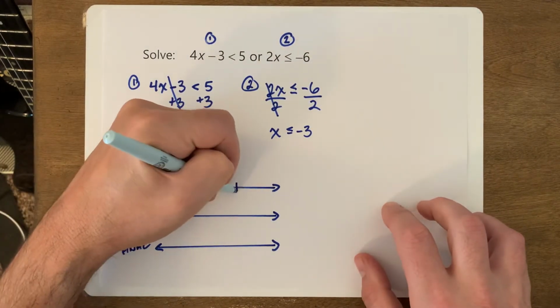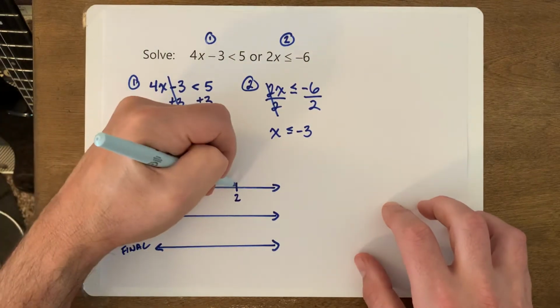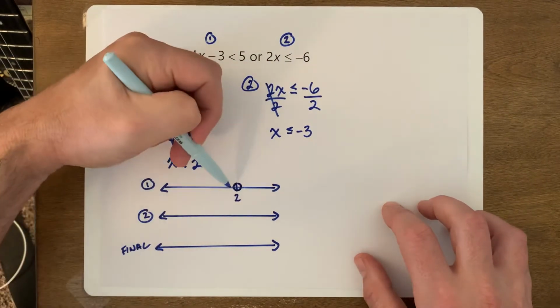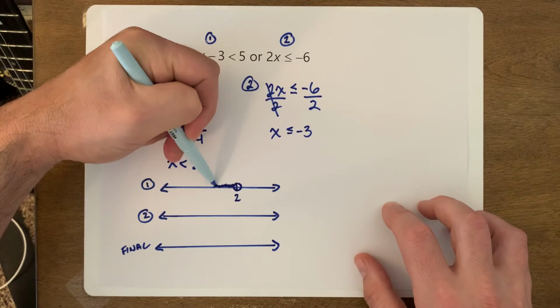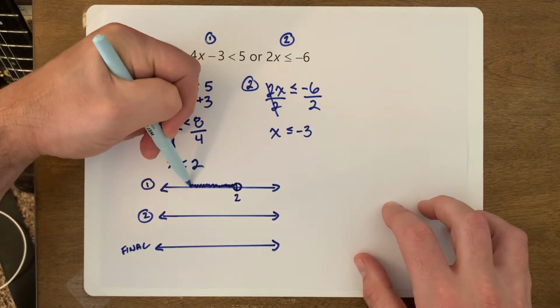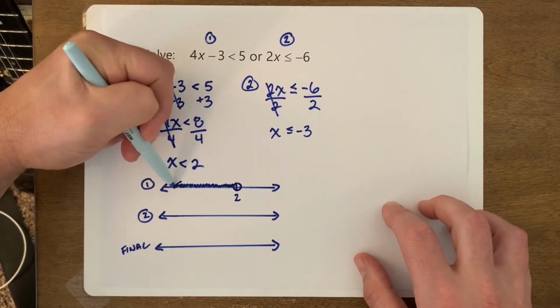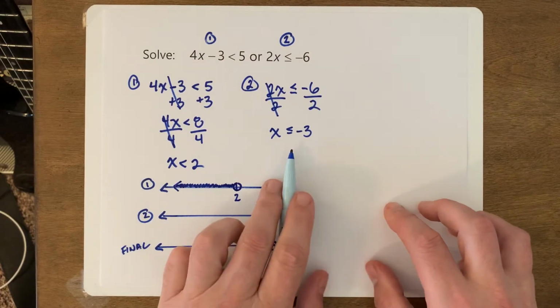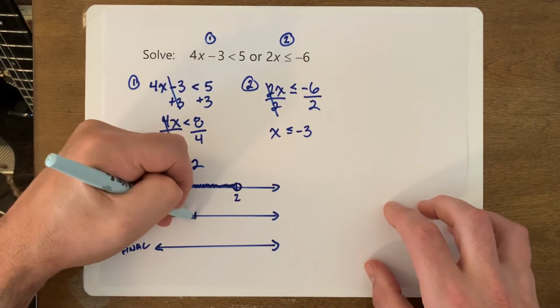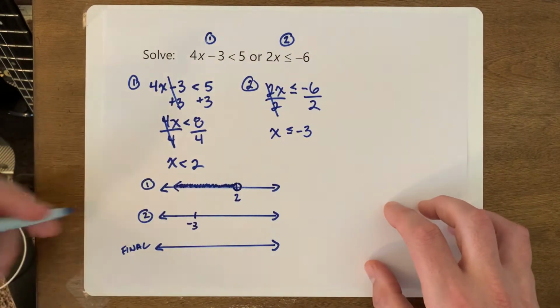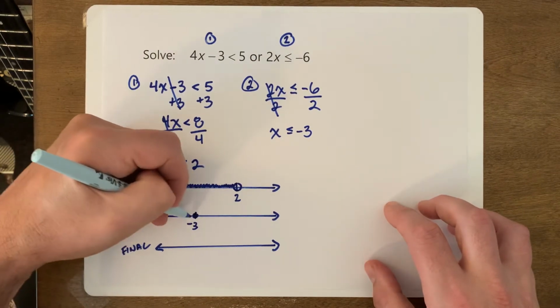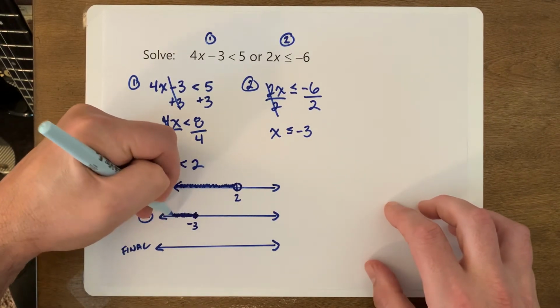Okay, so here's 2 over here. Open circle, because it's a strict inequality, shaded to the left. So let's shade all the way over like that. Okay, second one, all x less than or equal to -3. Closed circle, shaded to the left.